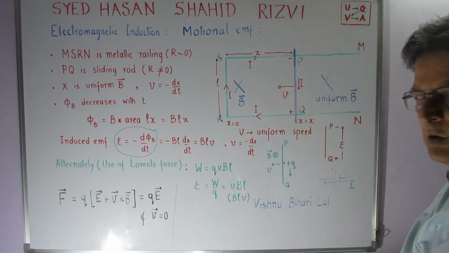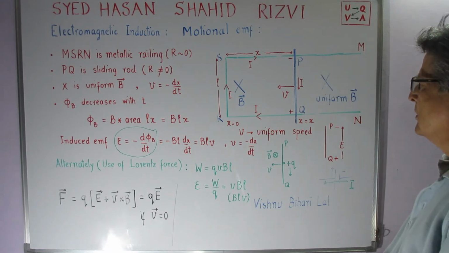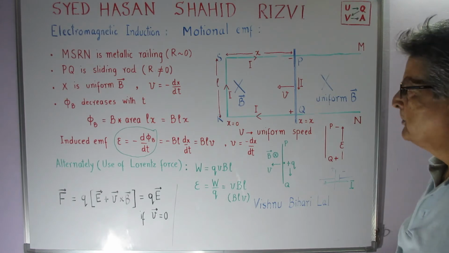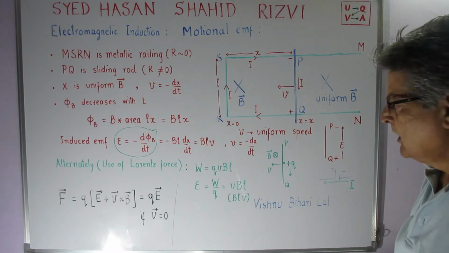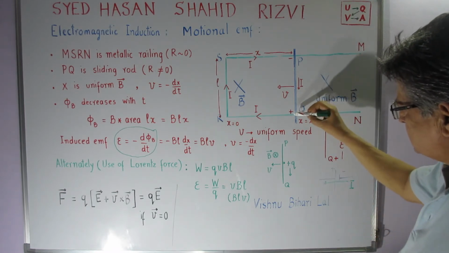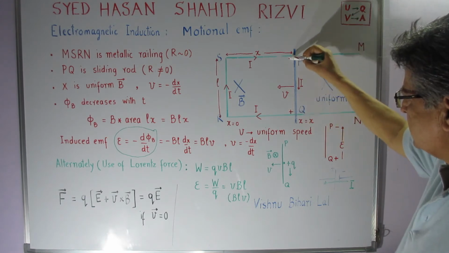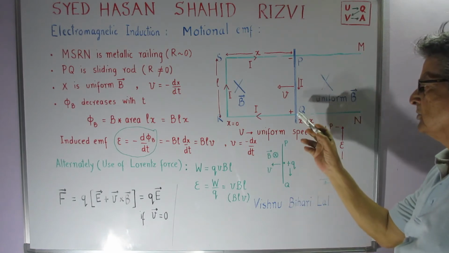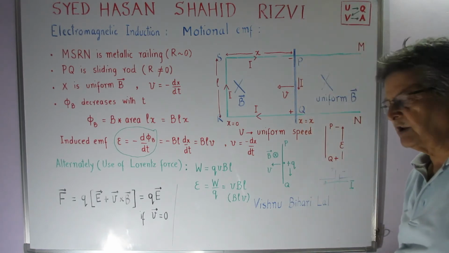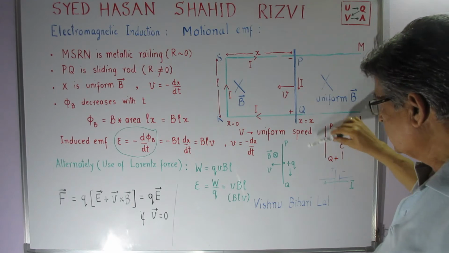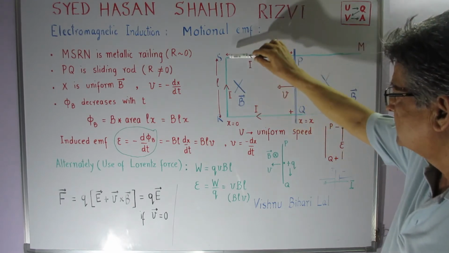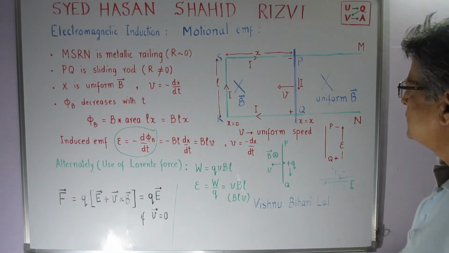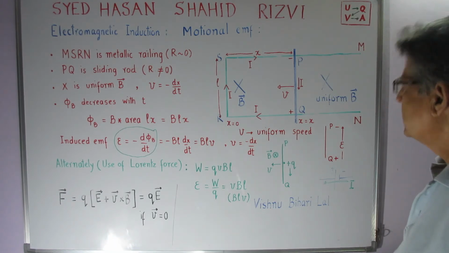The charges will flow from P to Q. What charges? Positive charges. So this end becomes rich in positive charges and this end has a paucity of charges. This end becomes positive and this end becomes negative. So the direction of the current flow in the railing is as shown here.